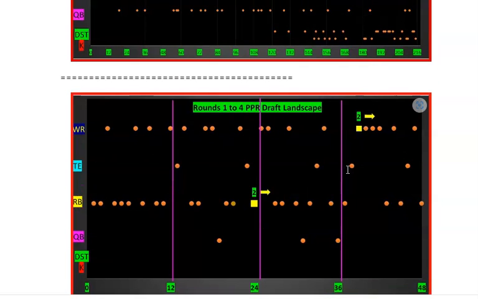So here's draft 1 to 4. What's happening? You see we're coming in, and what I've done is I've noted the beginning of the next block of 12 of that position with a yellow square, and I have a number above it, an arrow.